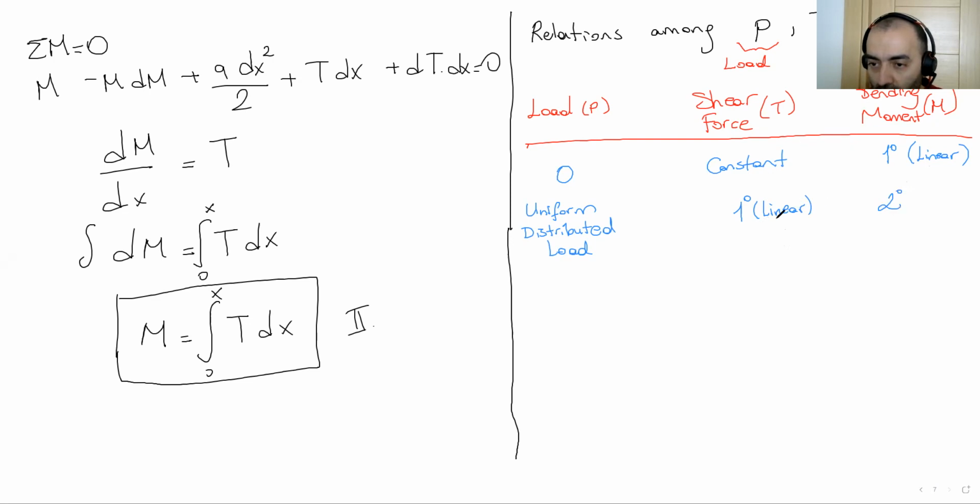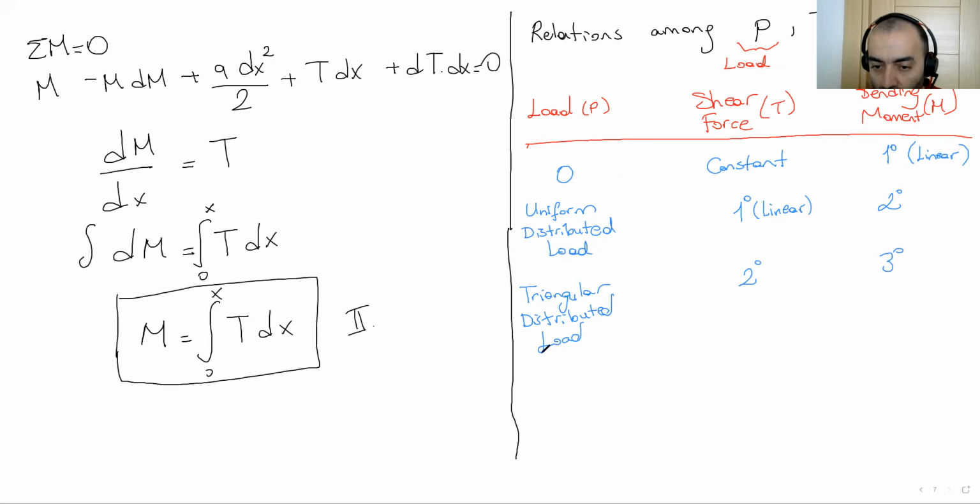Increase the shear force degree and get the bending moment. If I have a triangular distributed load, I'm going to have a second degree curve and third degree moment.